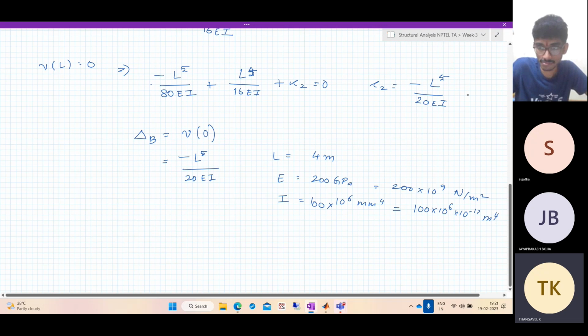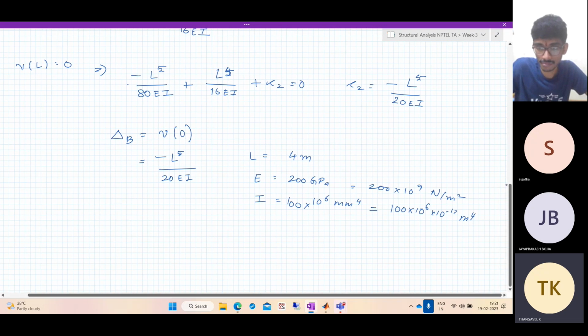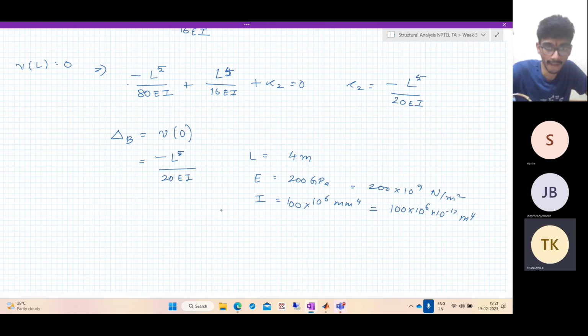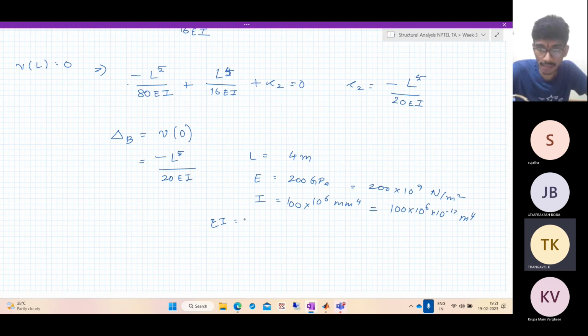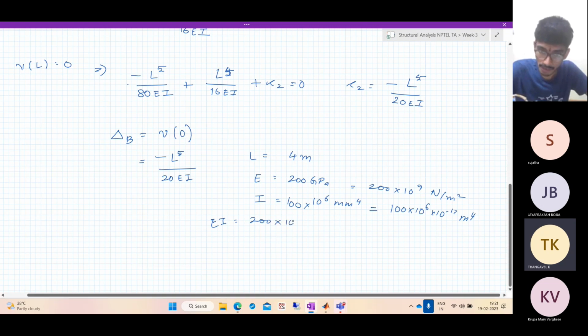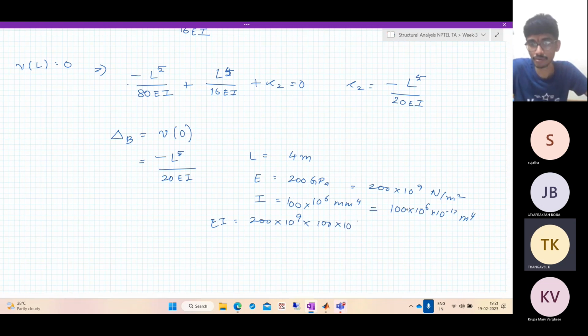So EI will be 200 into 10 power 9 into 100 into 10 power 6 into 10 power minus 12, so 10 power 8 minus 12, which gives 10 power minus 4 Newton meter square.